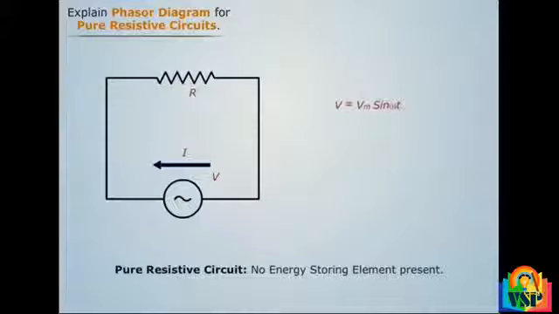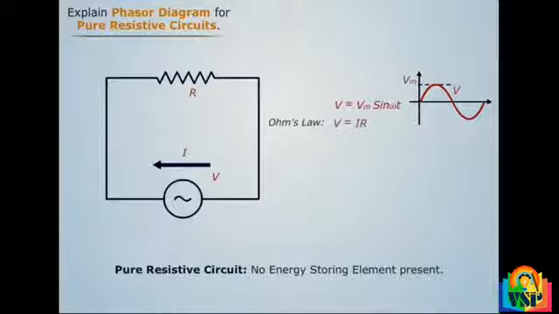The current direction indicates like that. Alternating EMF V is equal to Vm sin omega t, like E is equal to E naught sin omega t. So we know the graph of the alternating EMF is like that.